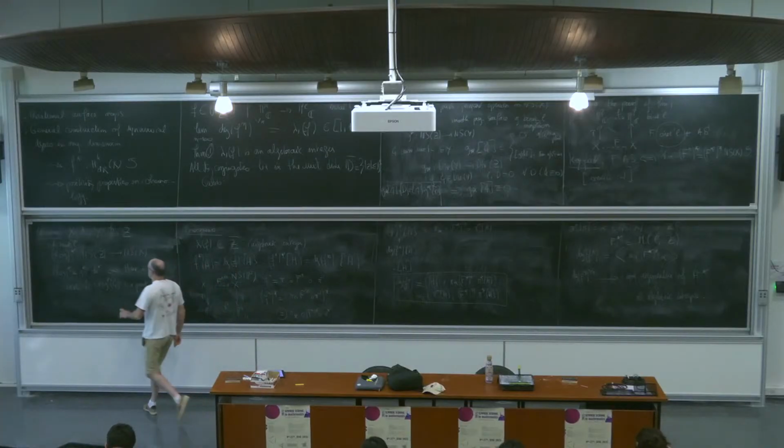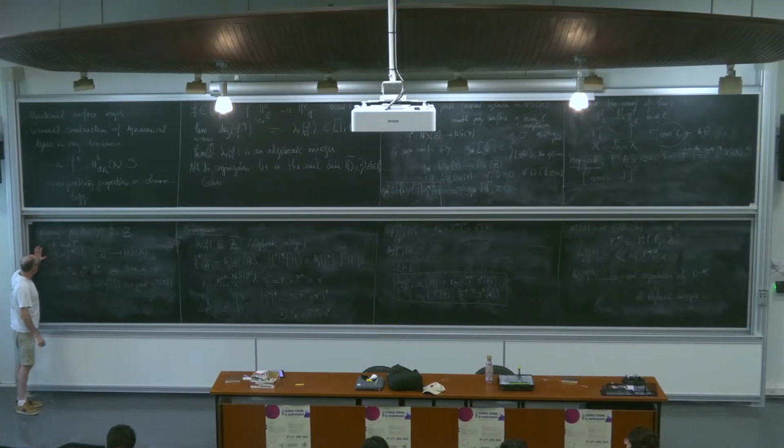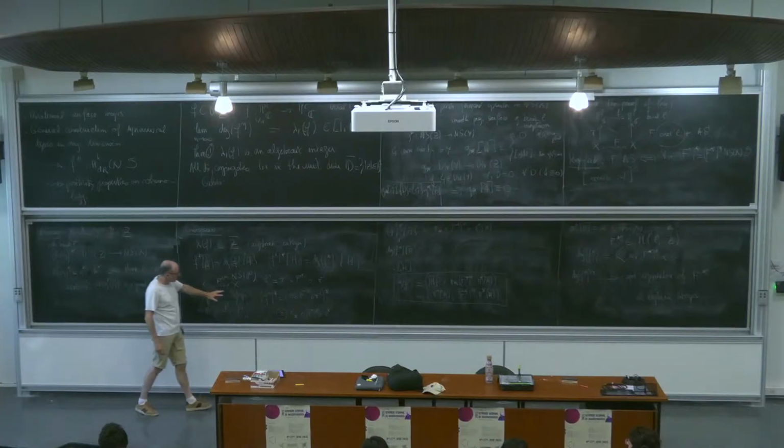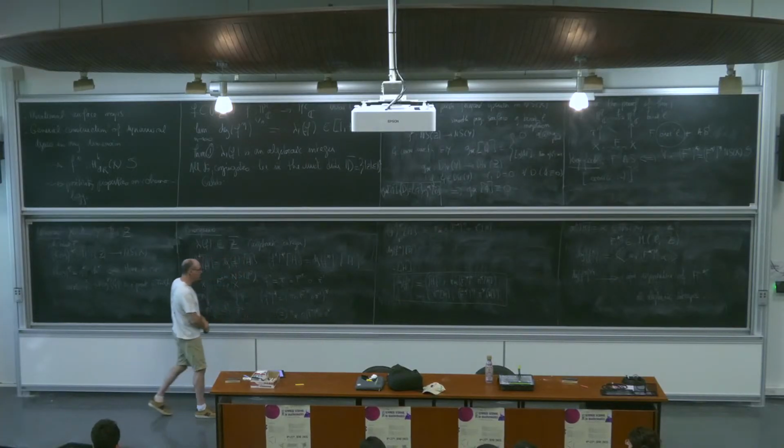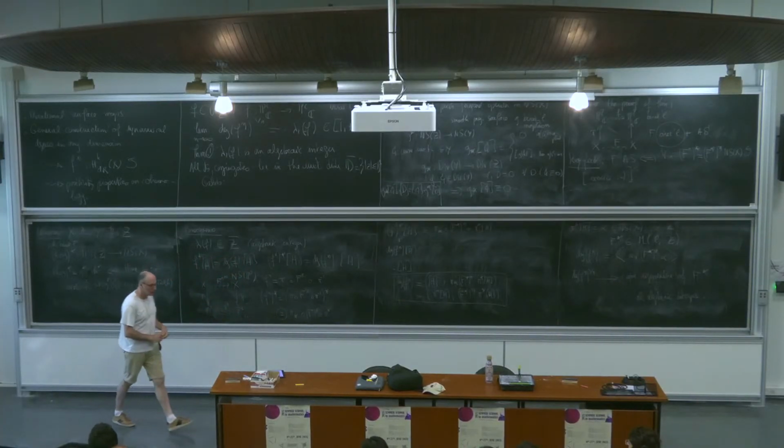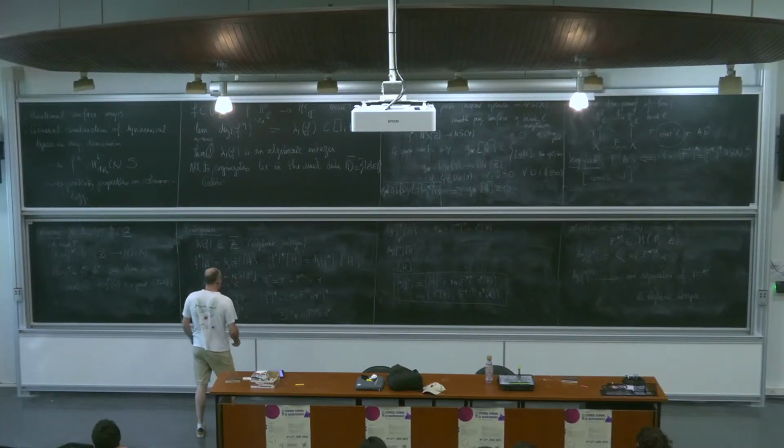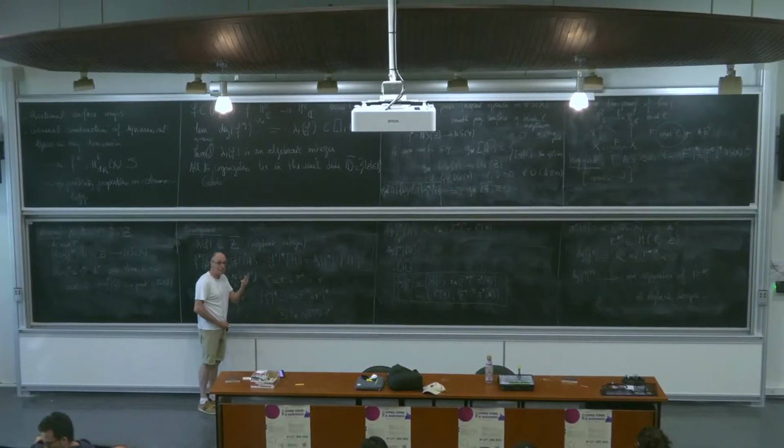Okay, so let me now comment why this implies this equality here. So we're going to apply the lemma twice. Here you have a composition, not only 2 maps but 3 maps, right?